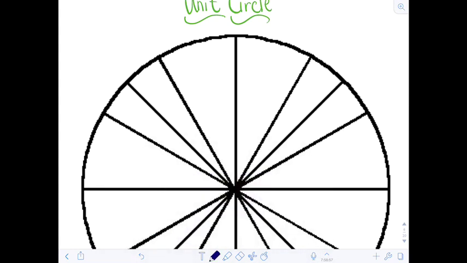Okay, so we start at the end of the initial side right over here. So we're going to picture this as our initial side, and before we rotate at all, we have 0 degrees. Now I'm going to go every 90 degrees around the circle. So as I rotate, 90 degrees is up here, the positive y-axis. Another 90, I'm over here at the far left, 180 degrees.